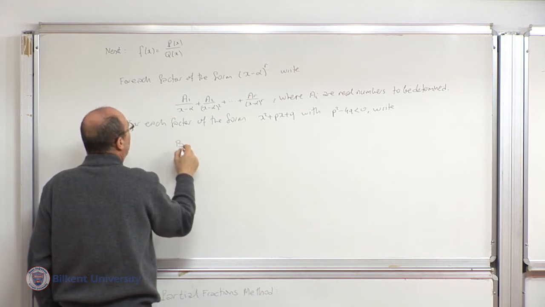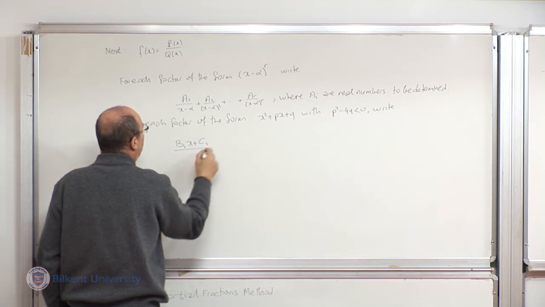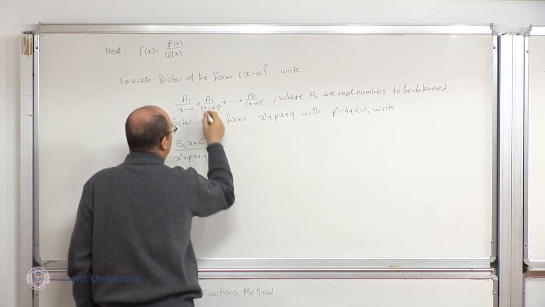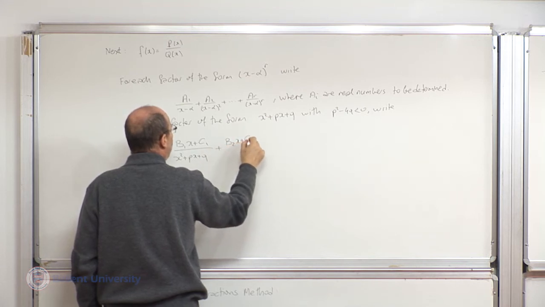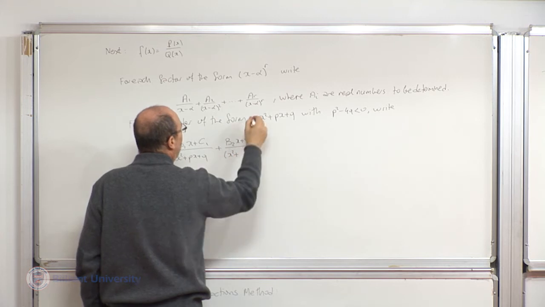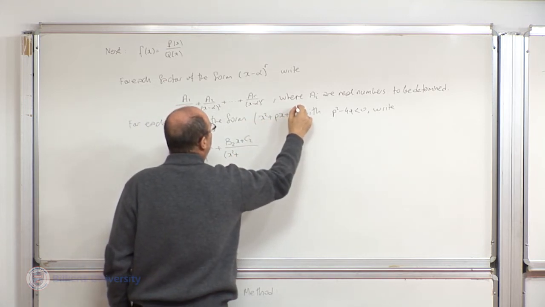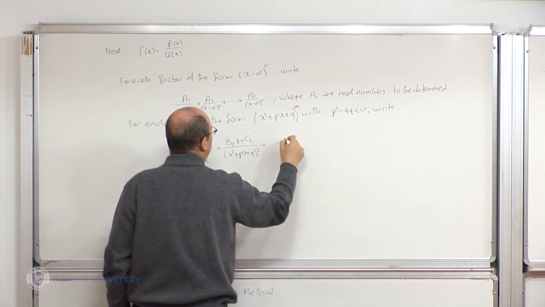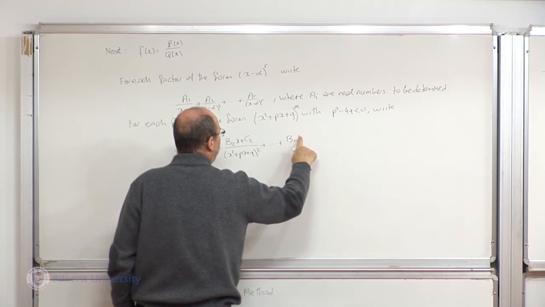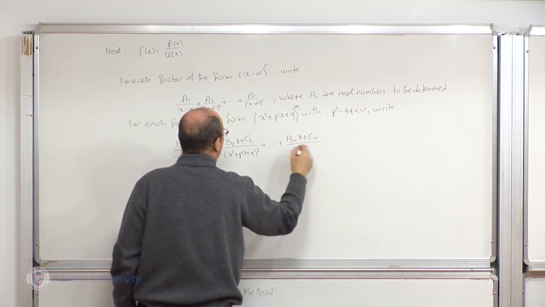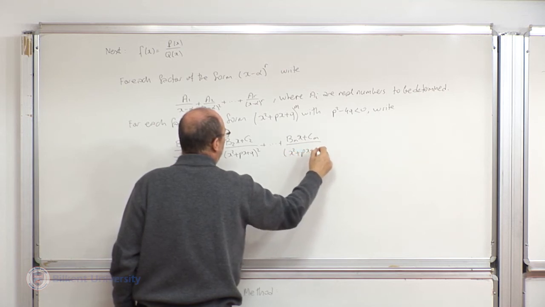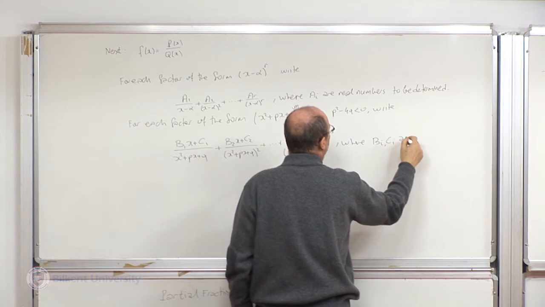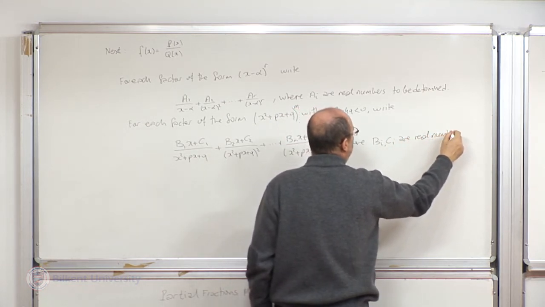So generally we write this as b1x plus c1 over x squared plus px plus q, plus c2 over x squared plus px plus q squared, and so on, say the power is m here, so you have all these things, bmx plus cm over x squared plus px plus q to the power m, where again b_i, c_i are real numbers to be determined.